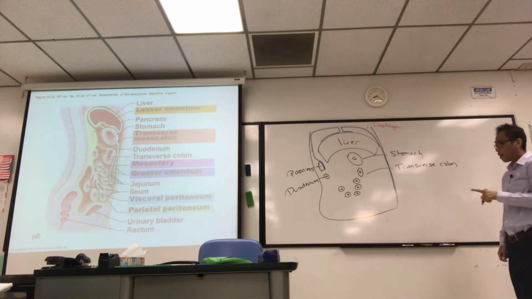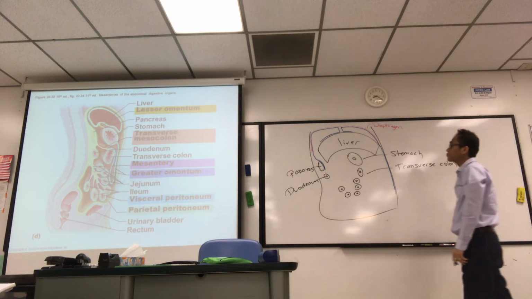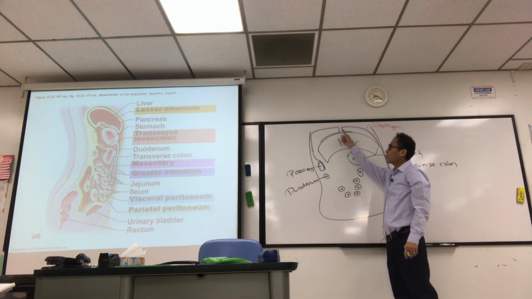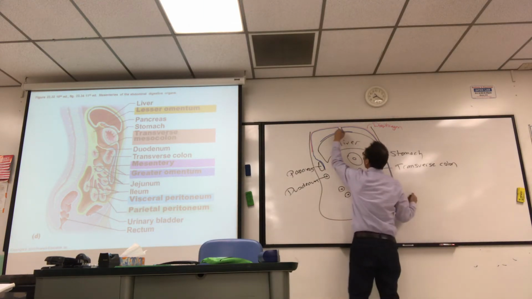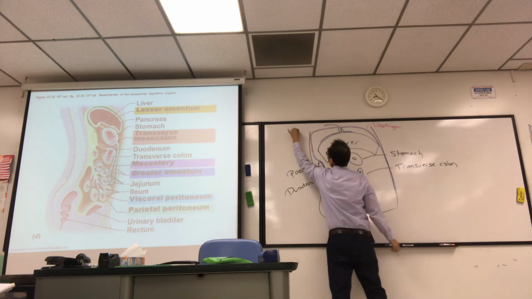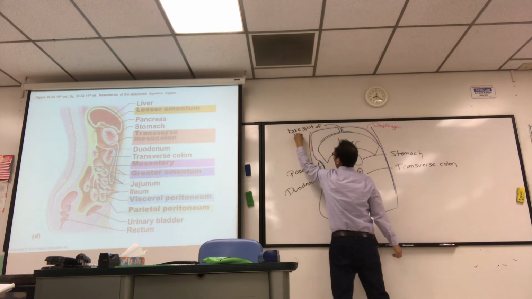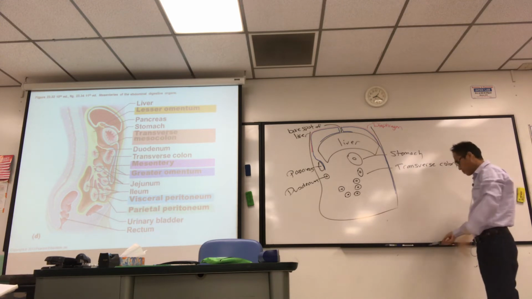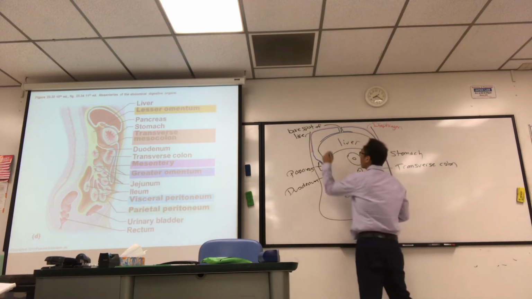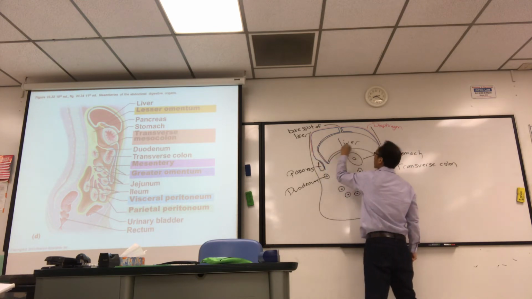So notice that there's a little bald spot of the liver where it's not covered with the mesentery, with the visceral peritoneum. And they literally call that the bare spot of the liver. Okay, anyways, this peritoneum wraps all the way around liver.